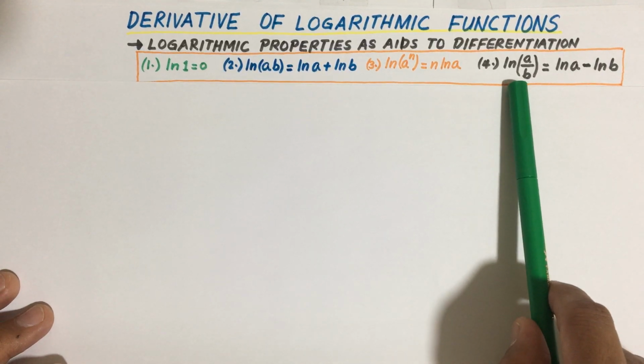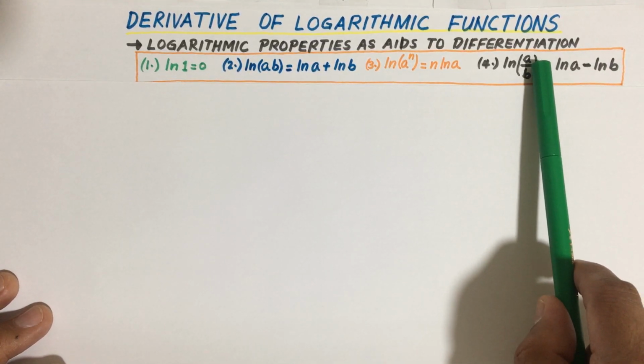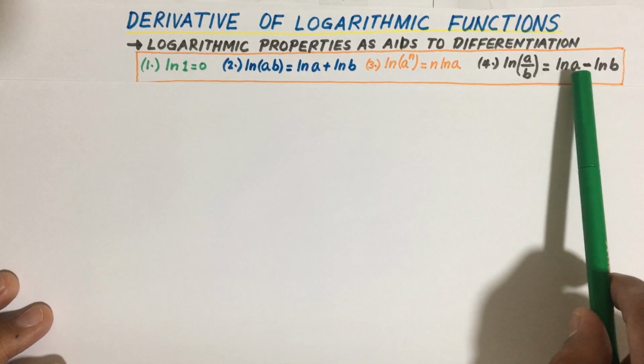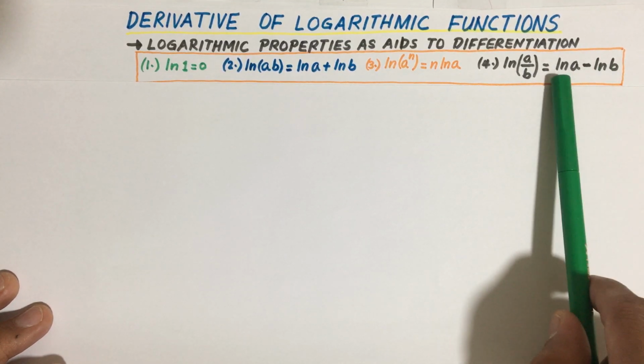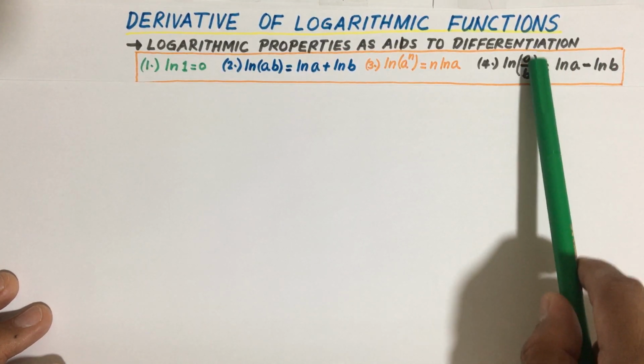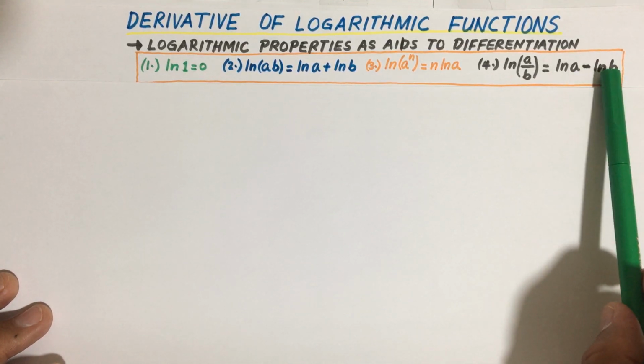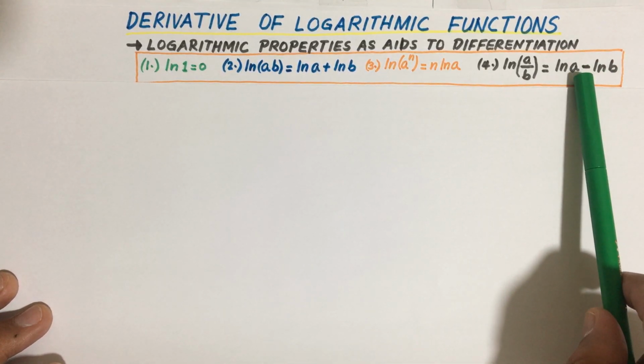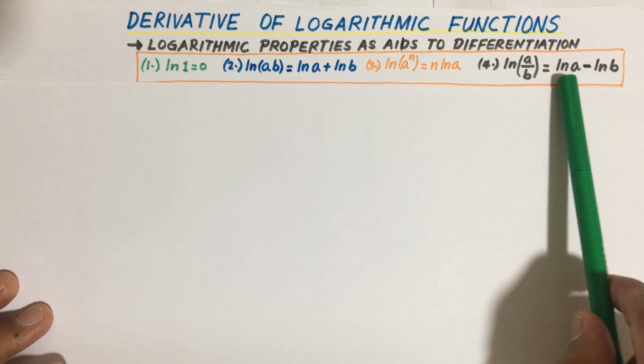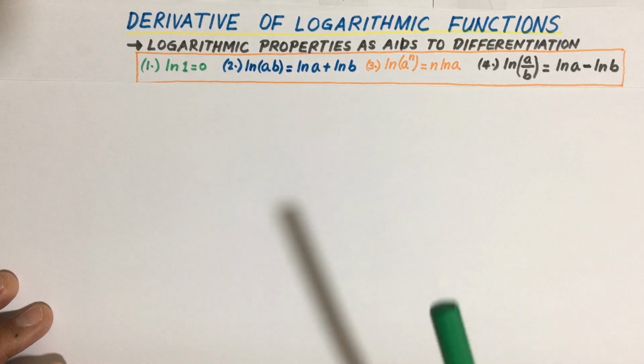And the fourth one is ln of the quotient, a divided by b, is equal to ln of a minus ln of b. So the difference, if you have the ln of the quotient, then this will be equivalent to the difference of ln of a and ln of b.